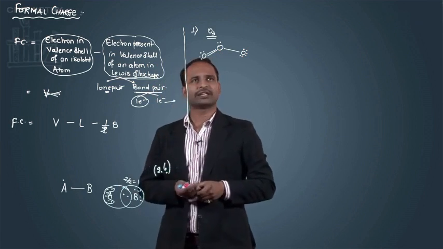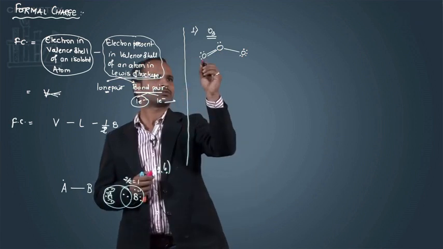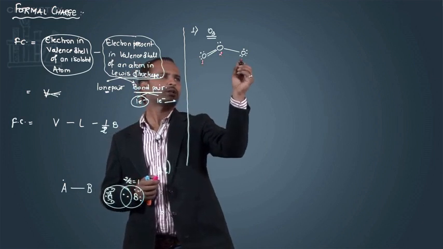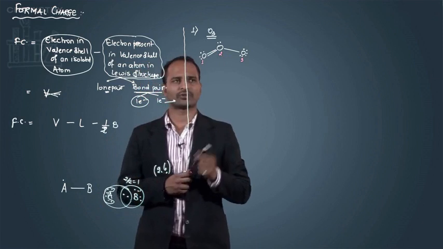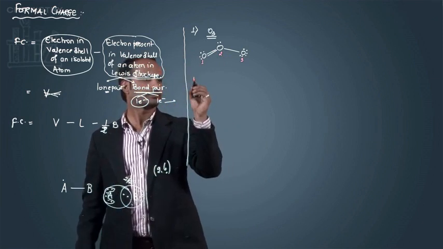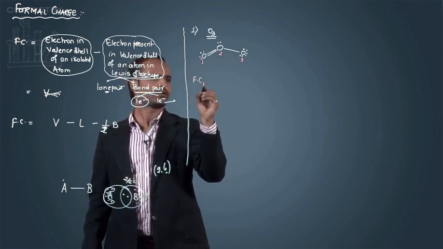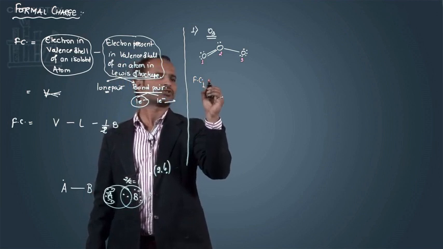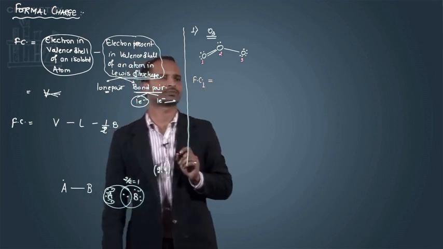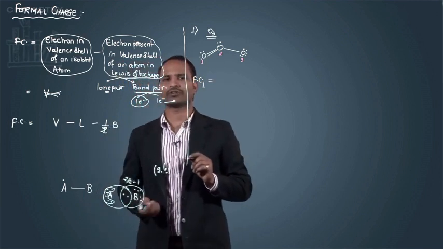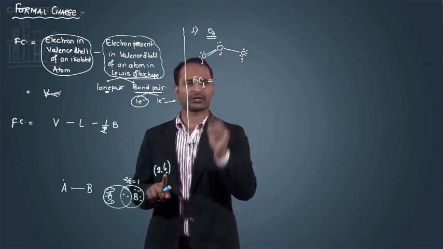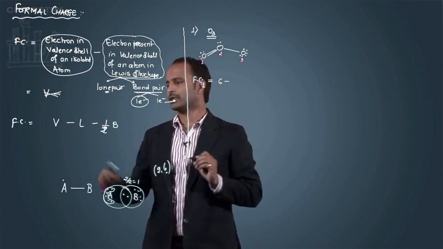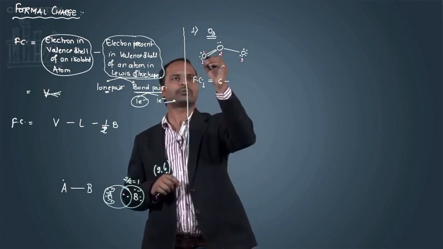Now, I am numbering all the oxygens just to differentiate number 1, number 2 and number 3. Let us calculate the formal charge on the first oxygen. It is equal to the total number of electrons in the valence shell when it is non-bonded, so total electron is 6, minus lone pair electrons.